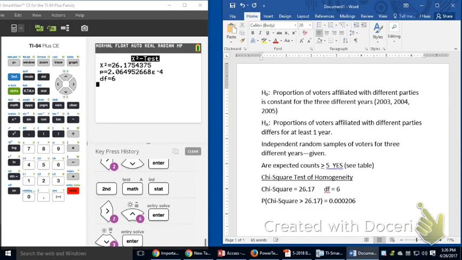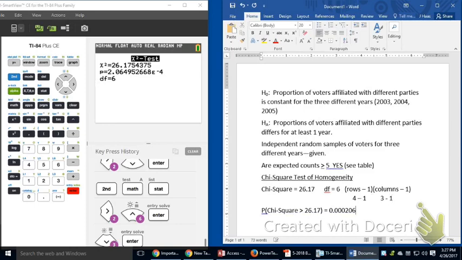Now, as far as where the degrees of freedom comes from, degrees of freedom for a chi-square table is the number of rows minus 1 times columns minus 1. So in this case, I had a 4 by 3, so that would have been 4 minus 1 for rows, and columns would have been 3 minus 1.